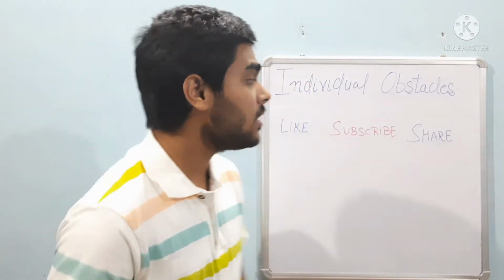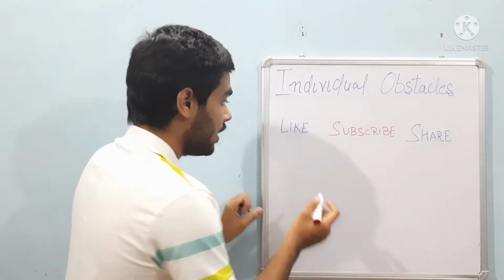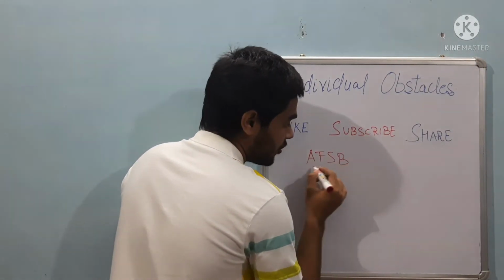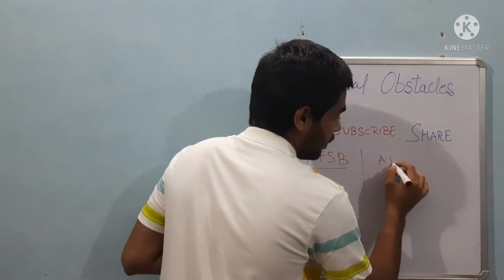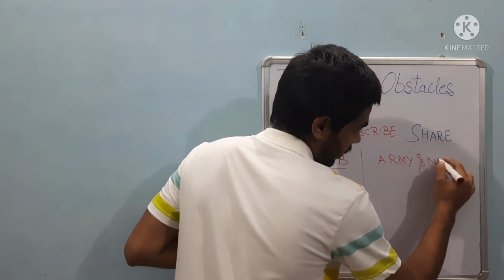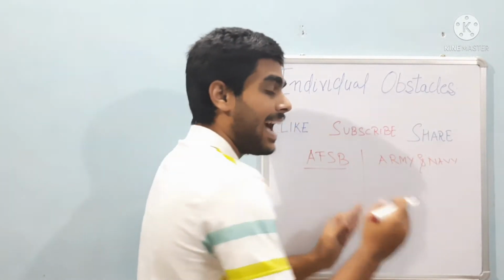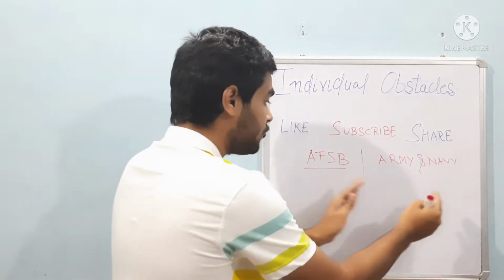Now moving to this video. In this video, I will clear one by one all the individual obstacles of the AFSB, the Air Force selection board, because the individual obstacles for AFSB are different from the Army and the Navy. Which means that the Army and the Navy have the same kind of individual obstacles, but it differs from the Air Force.